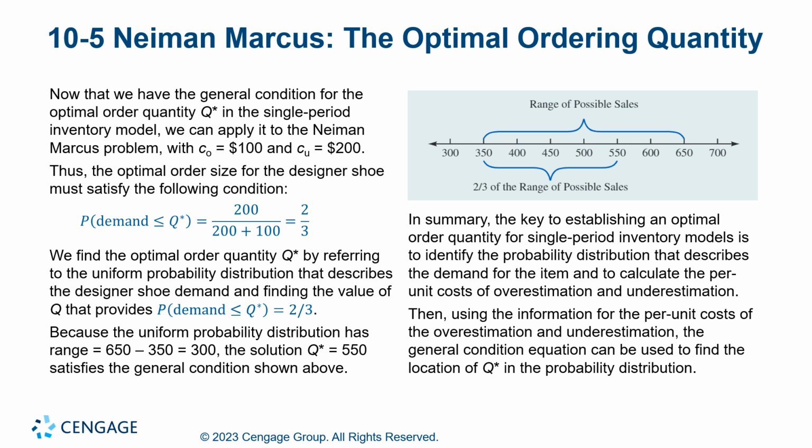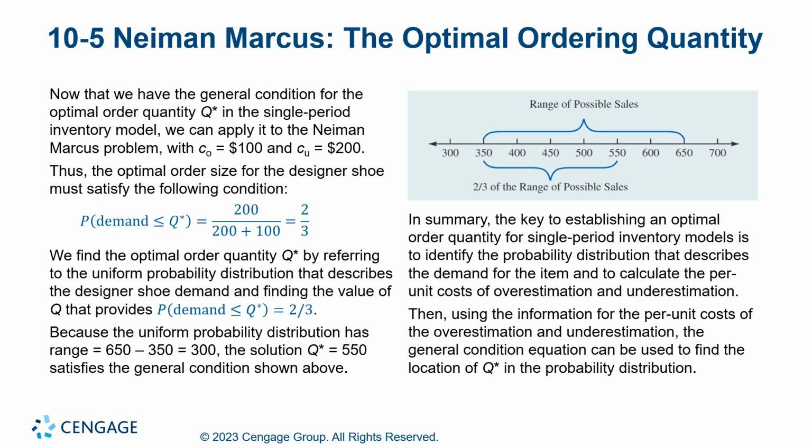So we find the optimal order quantity Q by referring to the uniform probability distribution that describes the designer shoe demand and finding the value of Q that provides this probability, where the probability of the demand less than a certain value must be equal to 2/3.